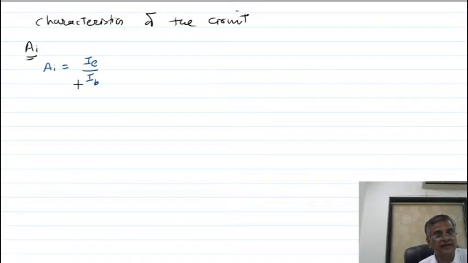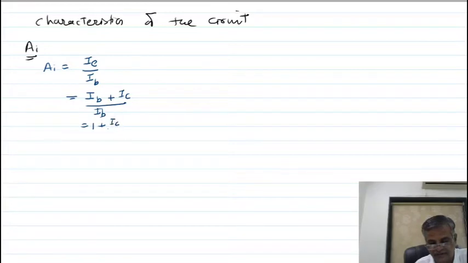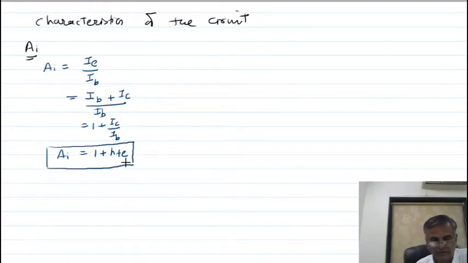Output current is IE because in the output section, from the emitter lead you are taking the output. So current in the output section is IE. Input section is base current. So I can write this as base current plus collector current upon IB. So you can say 1 plus IC upon IB, so 1 plus hFE. This is your current gain.